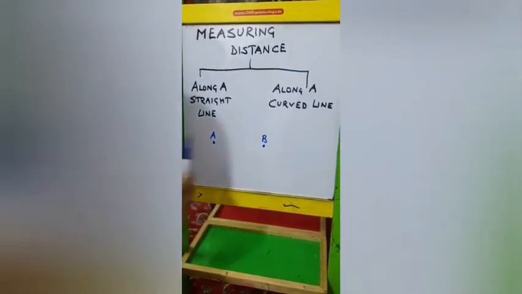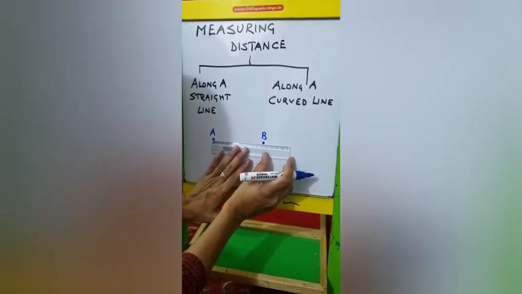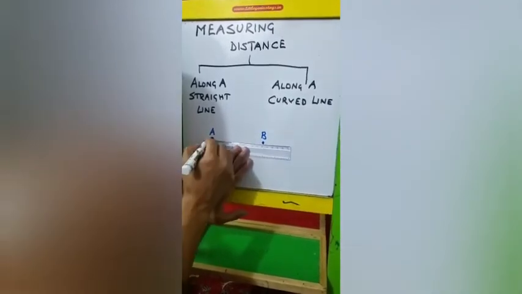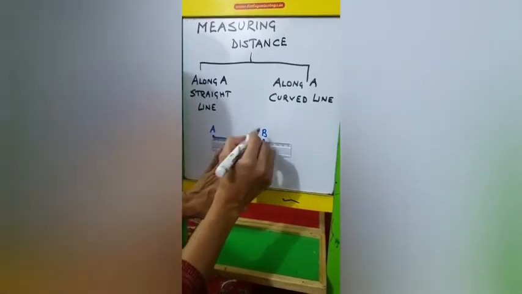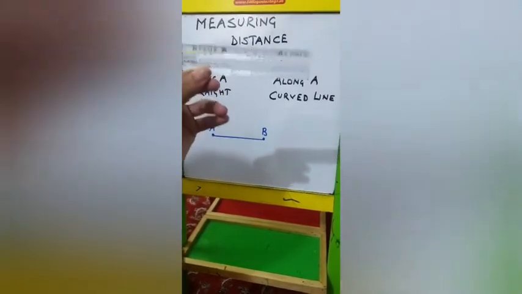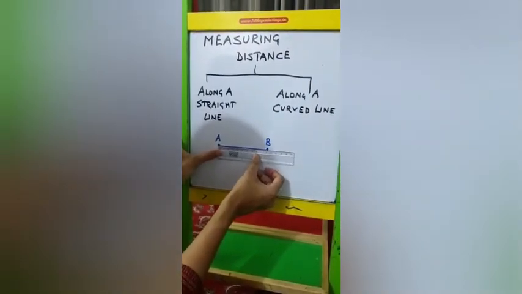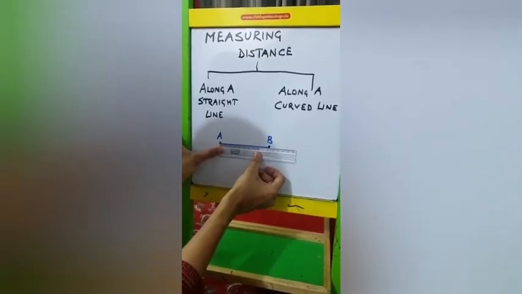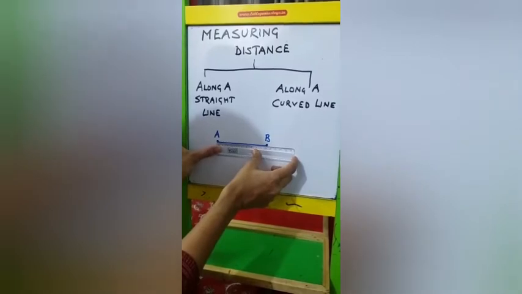So suppose this is A and B, and I can draw a straight line here connecting these two places. That's fine. And now I'll take a simple ruler like you people use, and I'll just put it here, and I can see that the distance between the two places A and B is 10 centimeters.